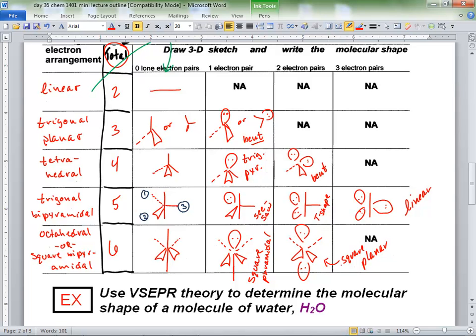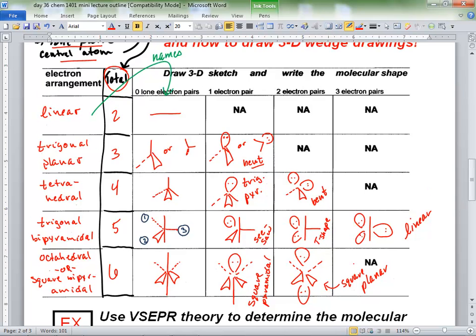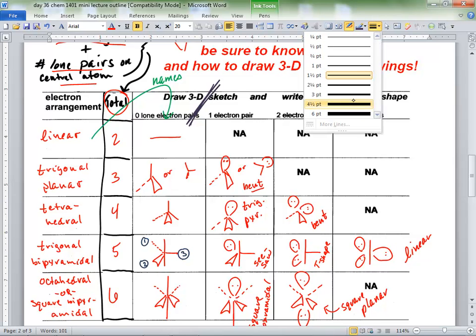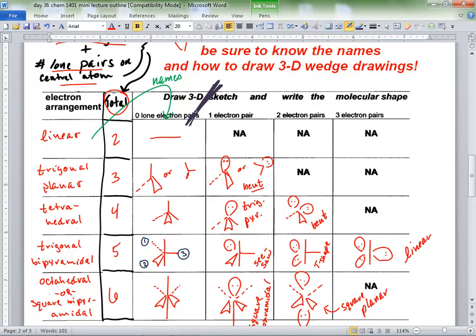So what I strongly suggest is, this looks like a lot, but I really don't think it's that bad. Just know this first column and draw it well. And it won't be so bad.